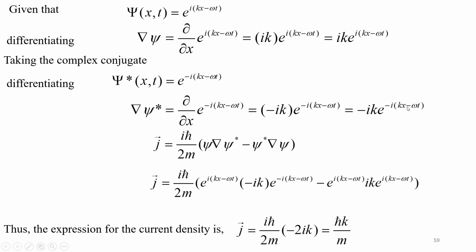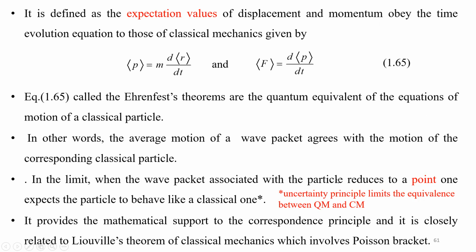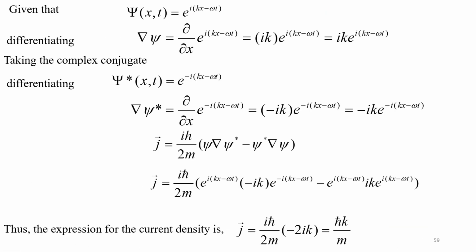So now substitute for ψ ∇ψ* and ψ* ∇ψ. We will have this expression. Now e^(i) and e^(−i) will get cancelled, and the remaining term will be minus ik. Here there's a mistake: we have ψ*, and here it is minus. So this minus sign and this plus sign will get cancelled.